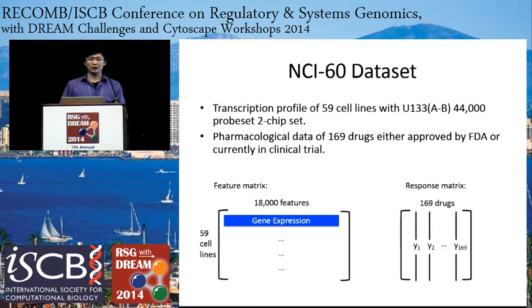And we also have pharmacological data for these cell lines for 169 drugs, either approved by the FDA or currently under clinical trial. Again, we have constructed a feature matrix and response matrix. The feature matrix contains all the genomic information, and the response matrix contains all the pharmacological information.